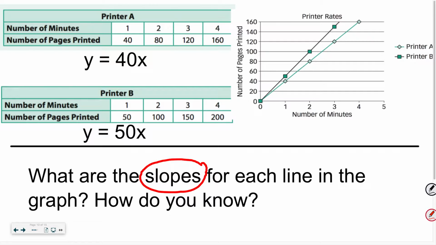The slope for printer A is 40. What else is 40? What have we been calling it all class? We were finding it on the table, we named it. We said when we were finding that proportional relationship, we were looking for the unit rate. So we just said that the slope here is 40. We also know the unit rate is 40.